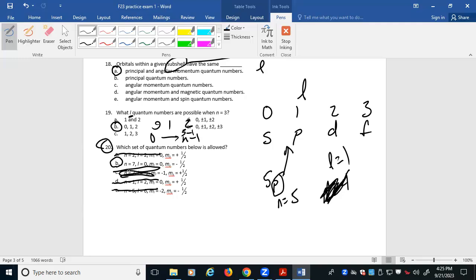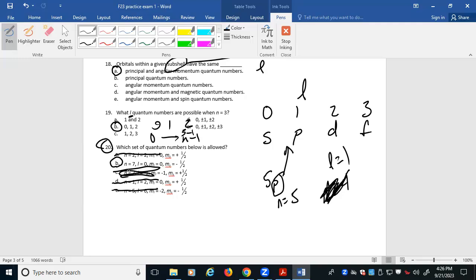Right, other questions about quantum numbers? Yeah, Max? What is the positive, like on question, what is that? What they're trying to trick you with there is that for the ones that say positive and negative 1, 2, 3, they're trying to confuse you. The positive and negative 1, 2, 3 would apply if it was the magnetic quantum number, not the angular momentum quantum number. So that's where it's deliberately there, trying to see if you are paying attention.